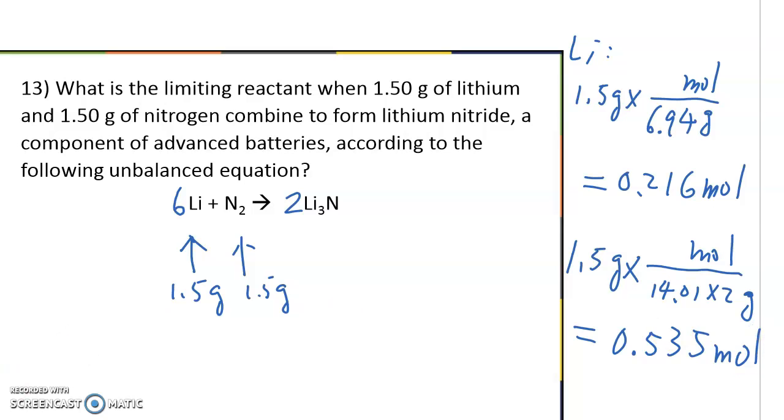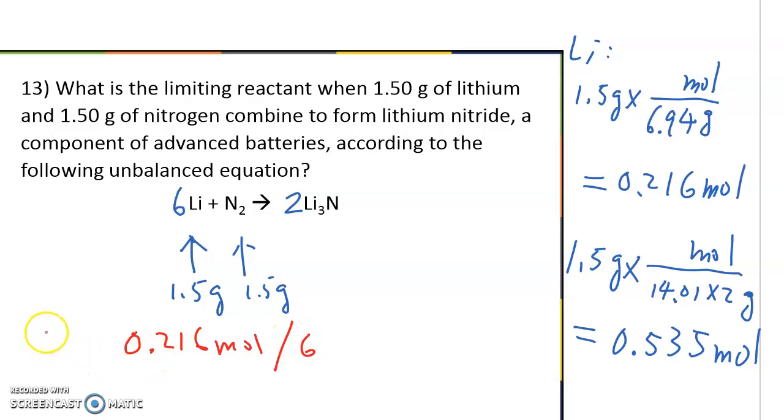Okay, so let's come back here. Let's see how many moles. For lithium, I have 0.216 mole. In order to match the lithium, how many moles of nitrogen do I need? Look at the ratio. In moles it is 6 to 1, and therefore I need to divide by 6.